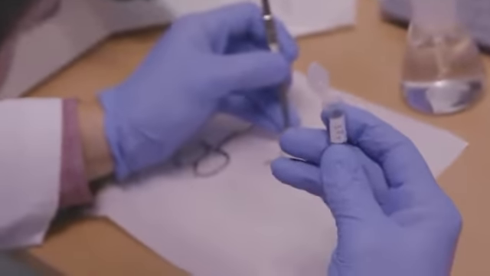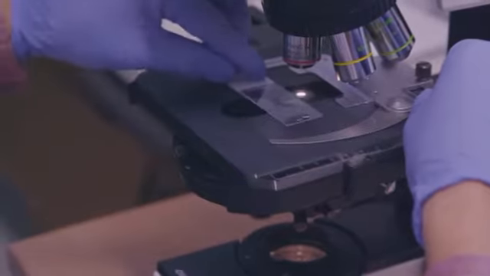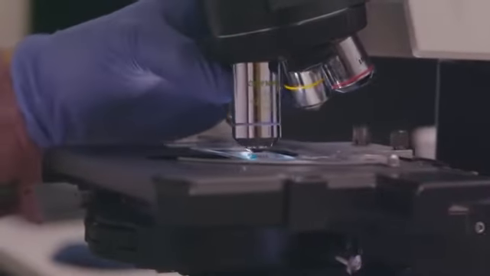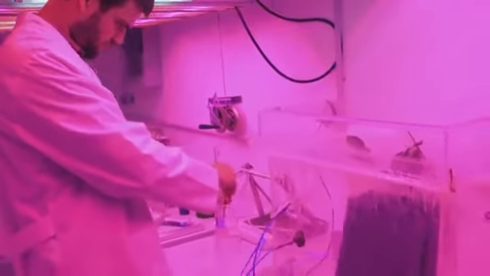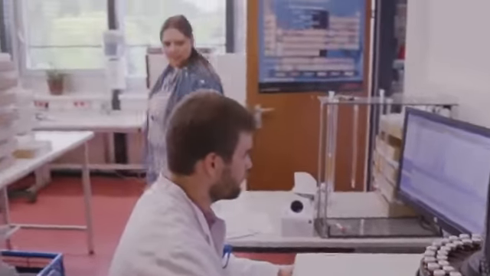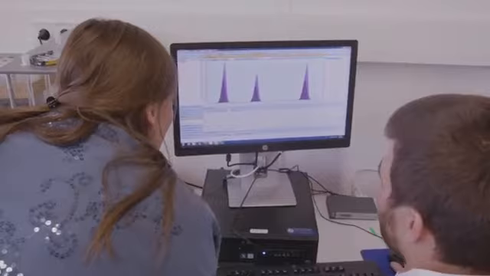In the laboratory, he looks at the samples from Chile under the microscope. He simulates carbon uptake to follow the path of carbon in the plant and in the soil. And he evaluates the different forms of carbon of the soil on a gas chromatograph.